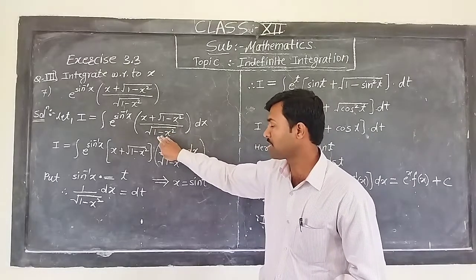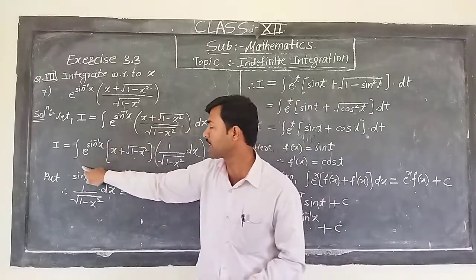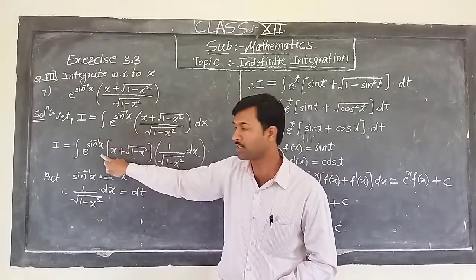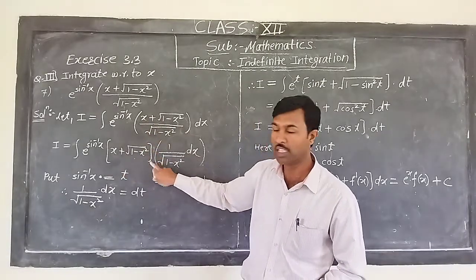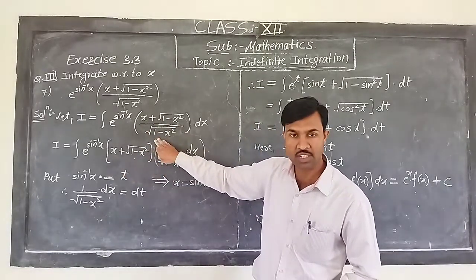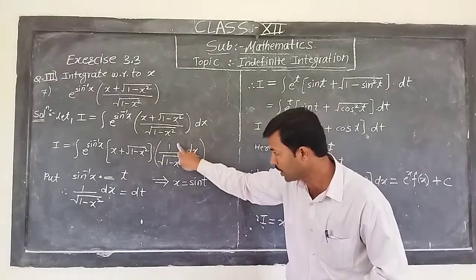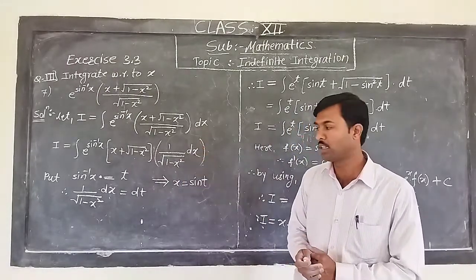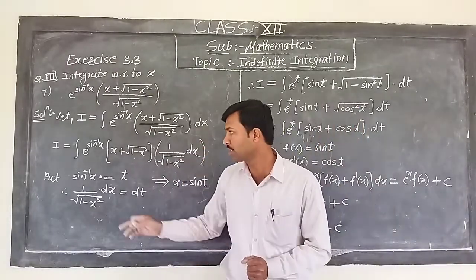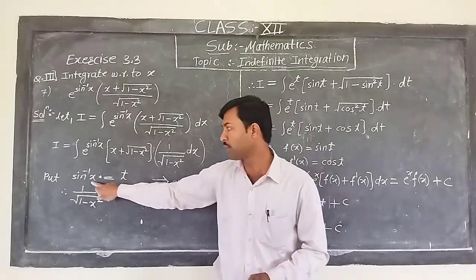I take this term outside of the bracket and write it as the integration of e raised to the power sin inverse x into (x plus under root of 1 minus x square) into 1 upon under root of 1 minus x square into dx.